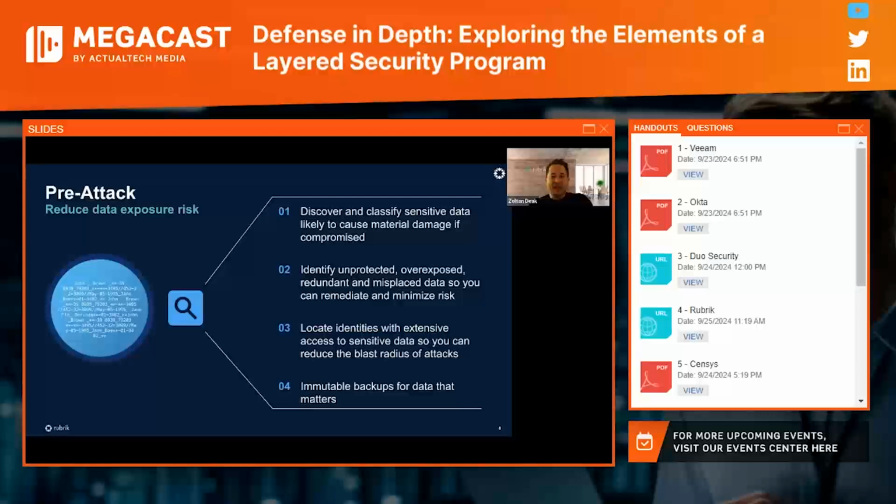And we're providing this capability through our enterprise backup solution, which means we're doing this without introducing additional scanners on your network in a production environment. We're scanning backup snapshots, which also means we're able to track all of your sensitive data and access to that sensitive data over time. So let's move on to during an attack.